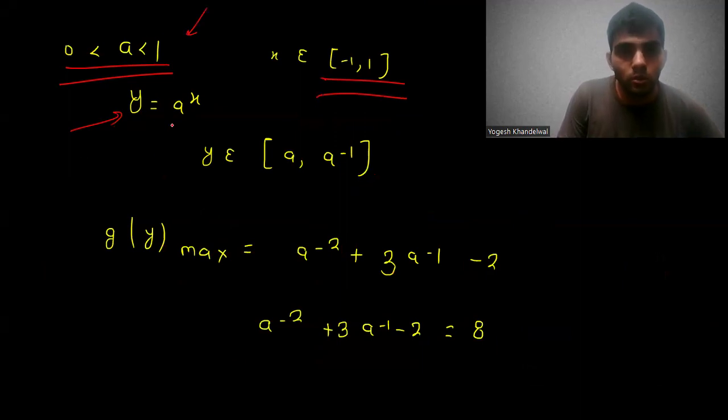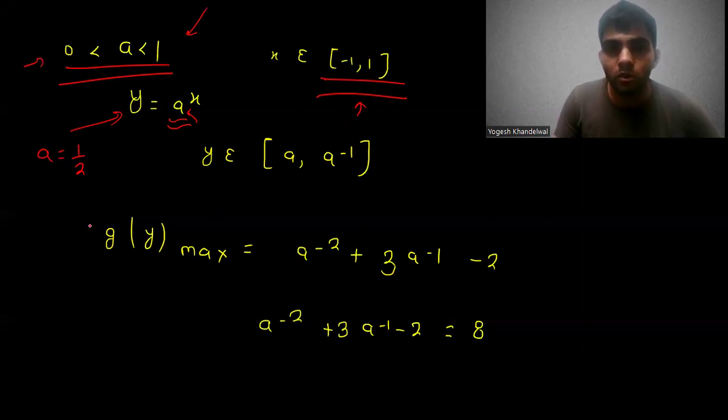If the base is in 0 to 1, say a is equal to half, and x is in range minus 1 to 1, what different values can y take, what is the minimum value and what is the maximum value?